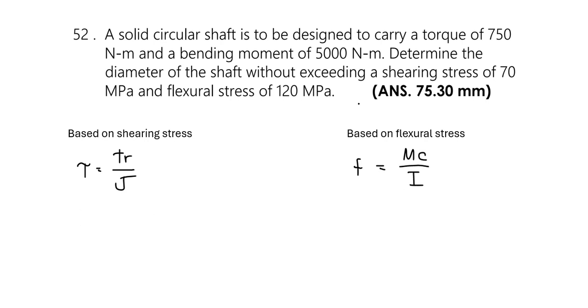So we're given a shearing stress of 70 megapascals or newton per millimeter squared, equal to a torque of 750 newton meters. To convert this into newton millimeters, we multiply this by 1000.